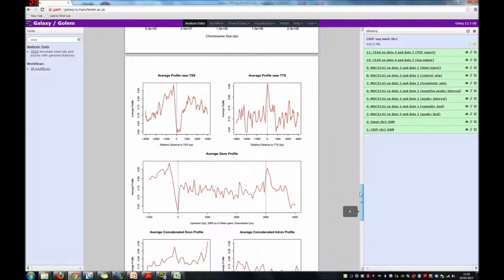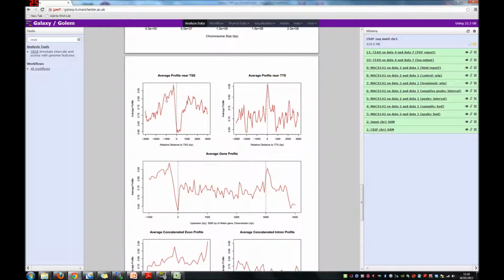And then lastly, because we supplied the WIG file, it's able to look and see whether these fragments are situated over different areas of the gene.